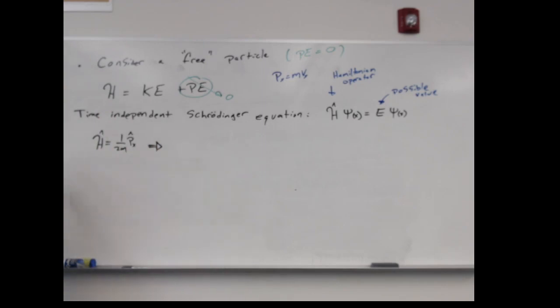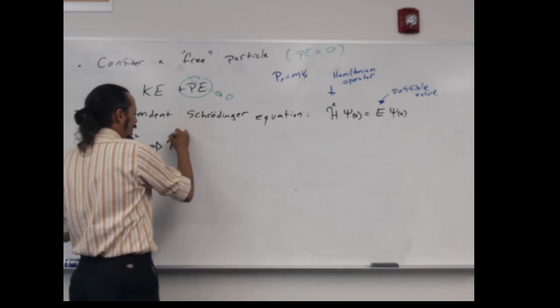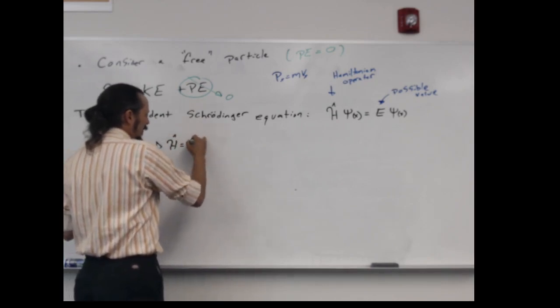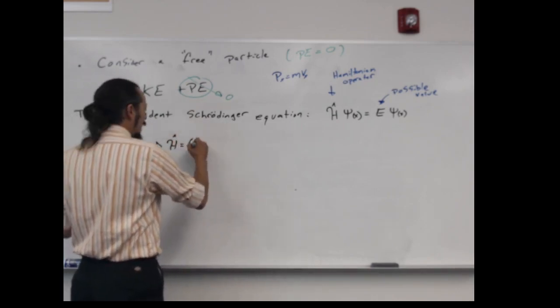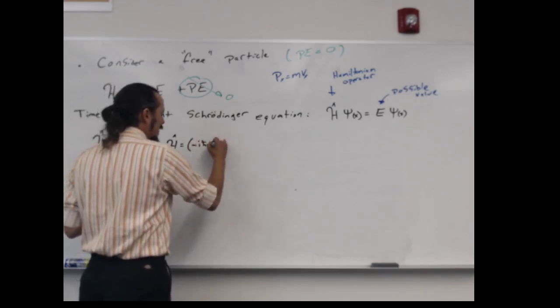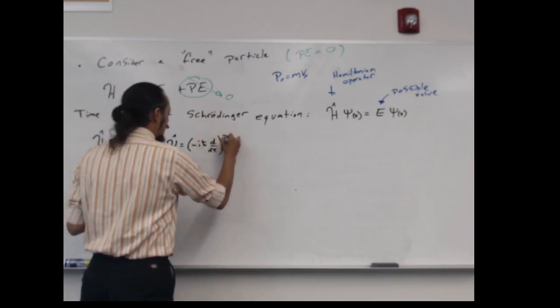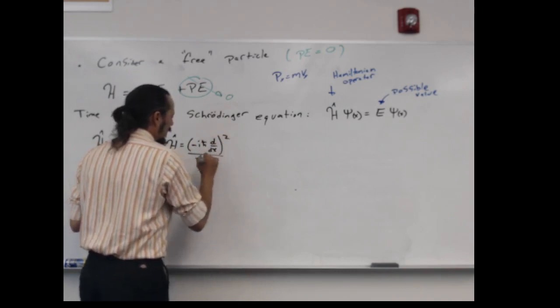I just erased it, but if you remember, px hat is negative i h bar d by dx. Whoa, sorry, forgot to square that. Momentum squared. So if I square this, I'm going to have my Hamiltonian operator equal to negative i h bar d by dx squared divided by 2m.